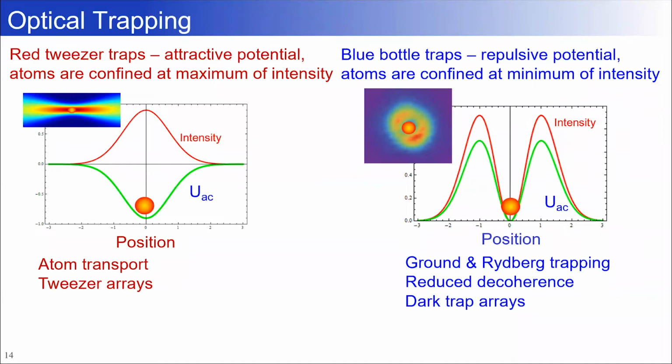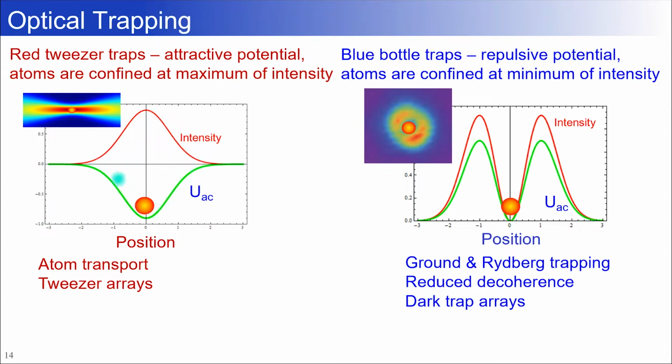When we talk about optical trapping, there's really two varieties to think about. There's red and blue traps. In the so-called red trap, we're using, say, a focused Gaussian laser beam, and we use a wavelength of that light such that the atoms are attracted to the regions of highest intensity. So that's the intensity profile of my laser beam.